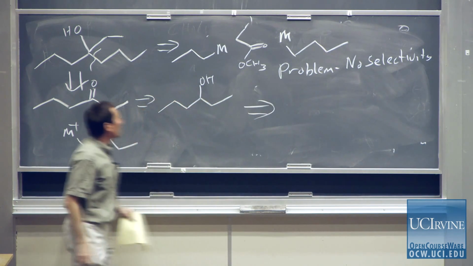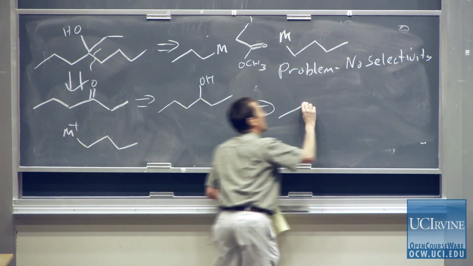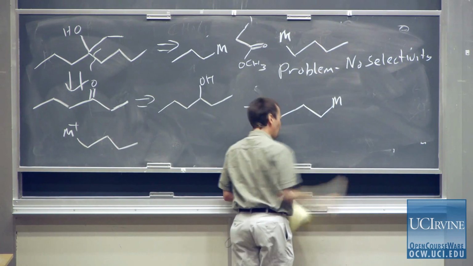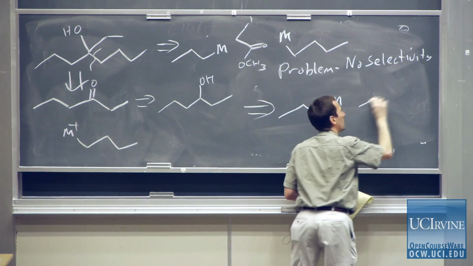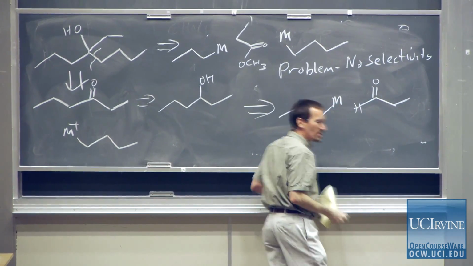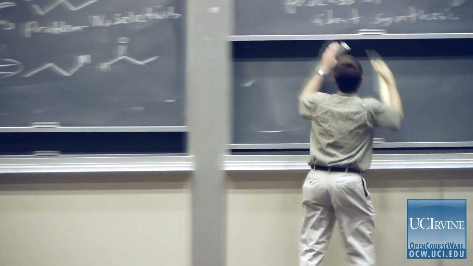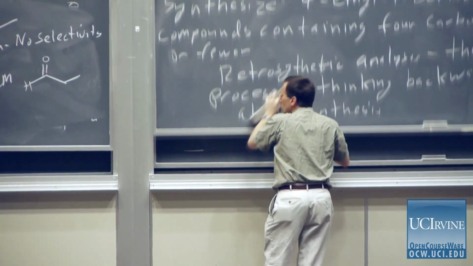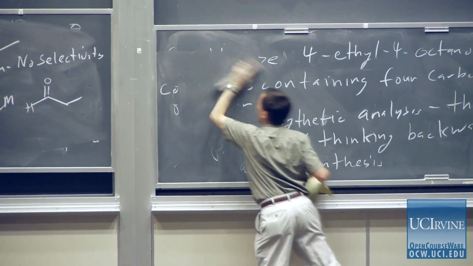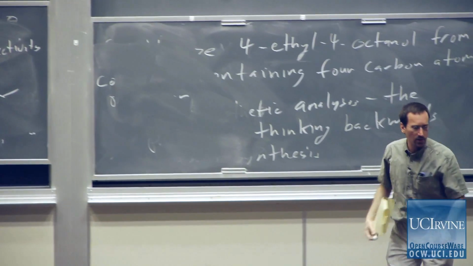But now I can think backwards again to a propyl reagent and propanal. At the strategic level, we've now broken this molecule apart. We've used the process of thinking backwards to figure out how we can put this molecule together.